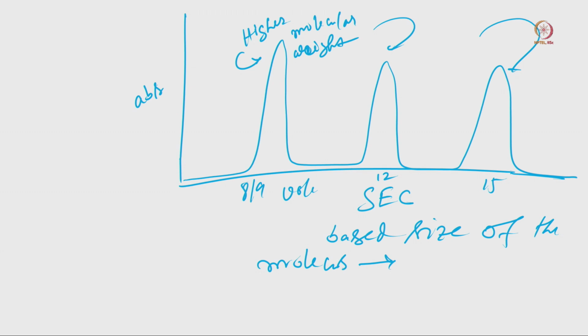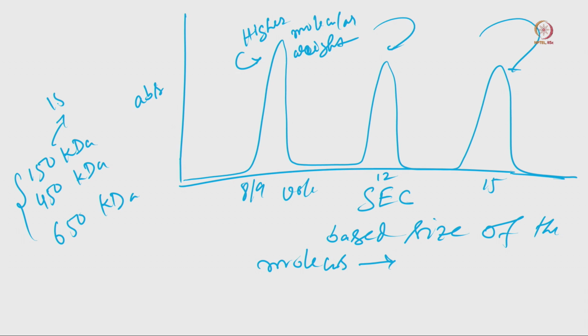When it cannot separate, as I told, okay, we have a 150 kilodalton protein and we have a 450 kilodalton protein. There is a lot of difference between the size of these two. Now, we have a 650 kilodalton protein. Consider that I have another antibody, it has some 160 kilodalton, and I mix it with this same antigen.